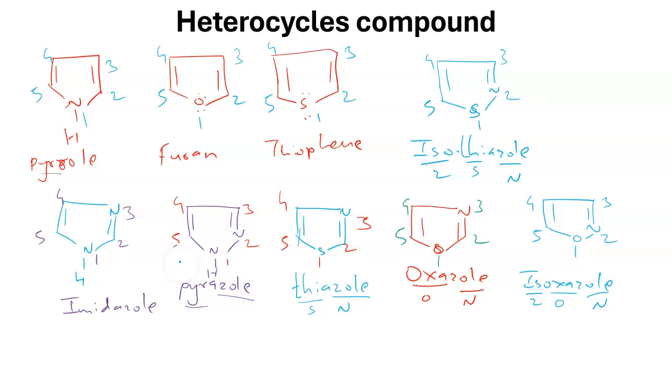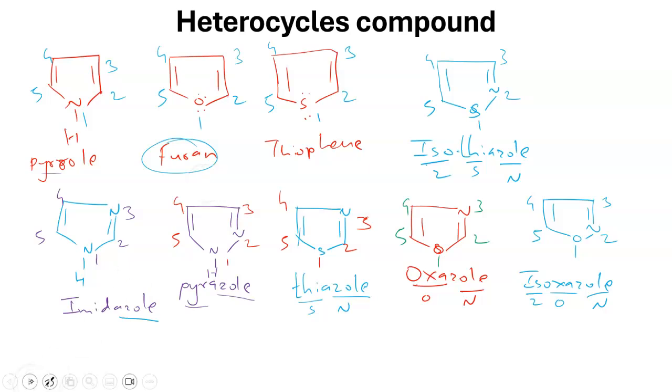From all this, you might have understood that nitrogen, when it is in a 5-member ring, will be written as azole in the suffix all the time. You will see everywhere zole means nitrogen, thia means sulfur, and oxa means oxygen. Only one name is a little bit different, that is furan, and all of them are 5-member rings.